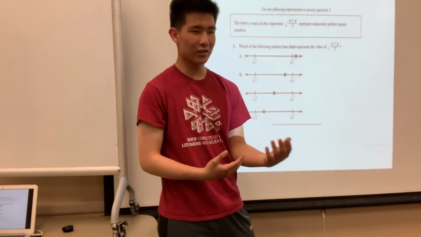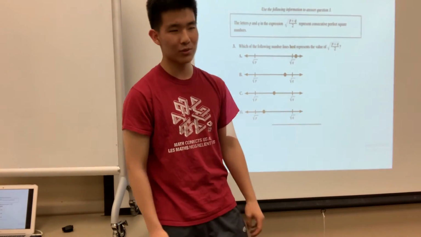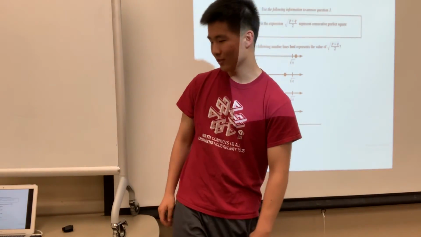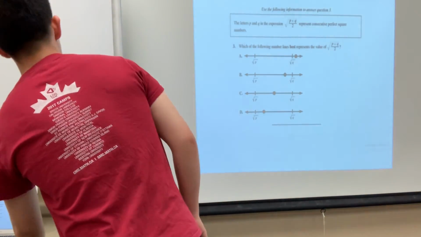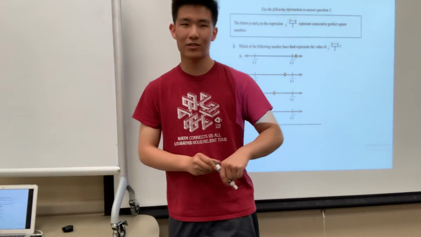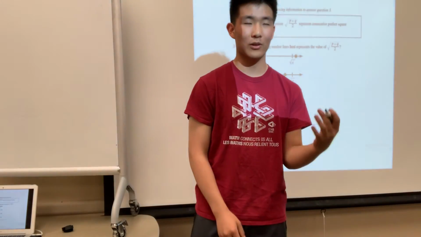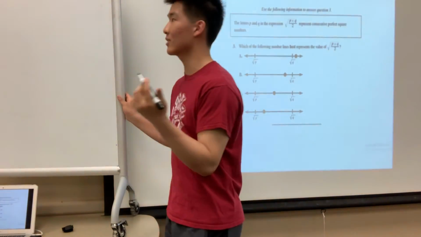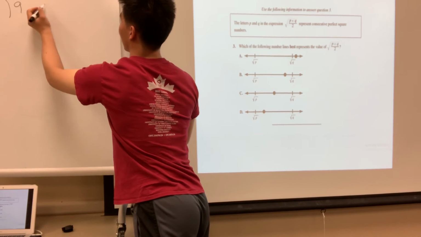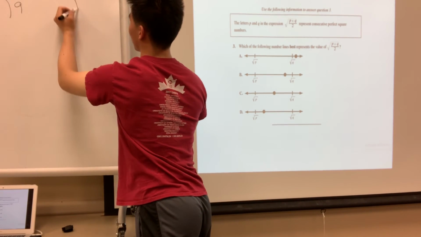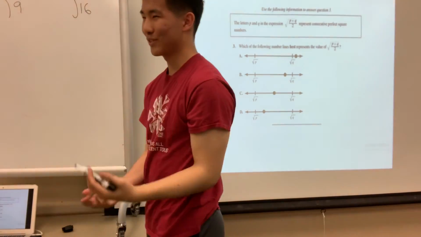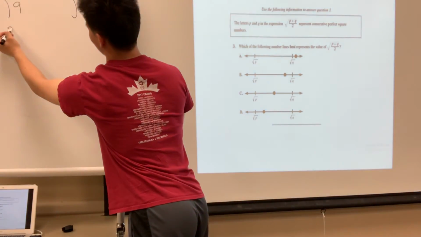So the way I solve this, and I think this is the way it was intended to be solved, is you just try consecutive perfect squares. One example, the one that I did that I think makes a lot of sense, is 3 and 4 squared, which is 9 and 16. So if P was the square root of 9 and Q is the square root of 16, we obviously know that P is 3 and Q is 4.